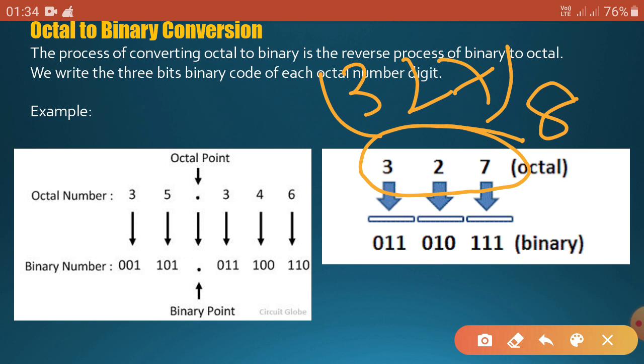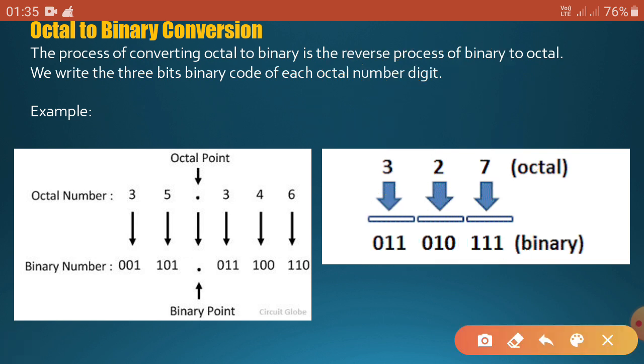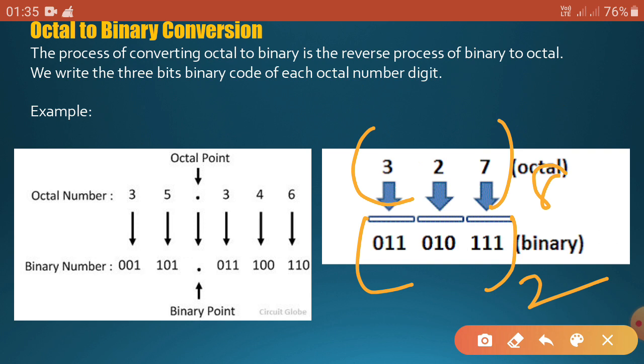So we know 7 means 111, 2 means 010, 3 means 011. Okay, so we have to remember it. Also you can find the binary numbers for the respective octal digits. So for 3 it is 011, for 2 it is 010, and for 7 it is 111. So if the number is 327 in octal, we can write it in the binary number system also.